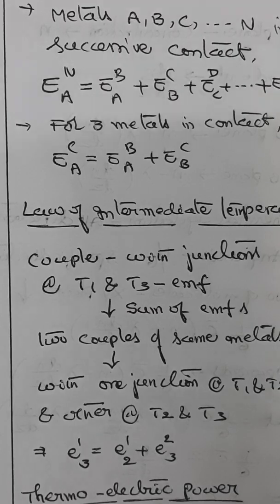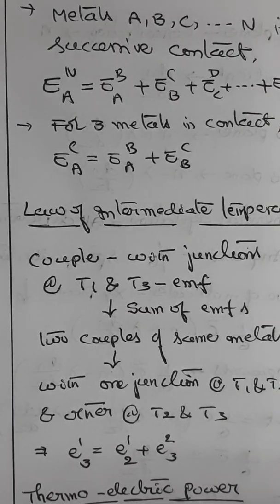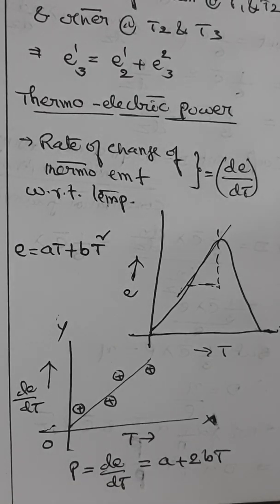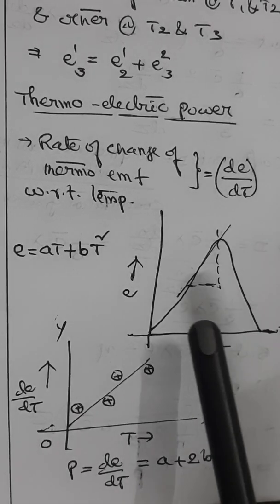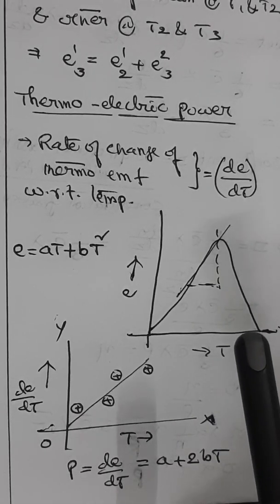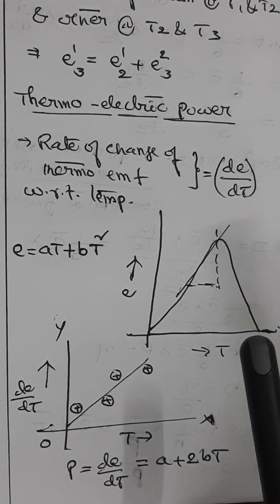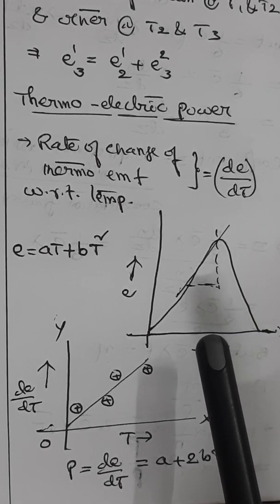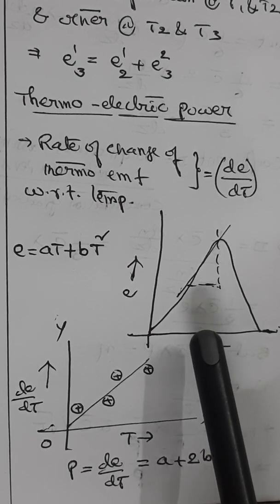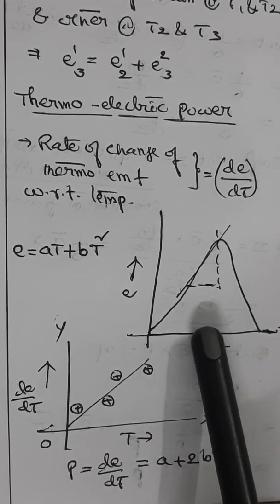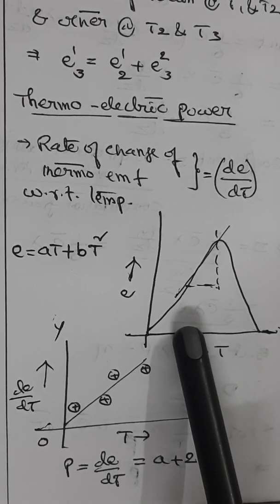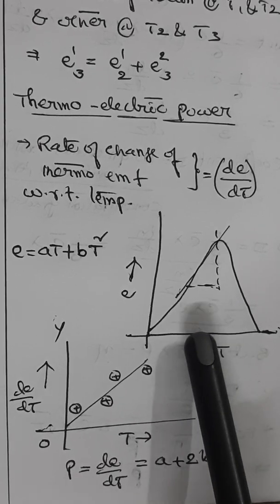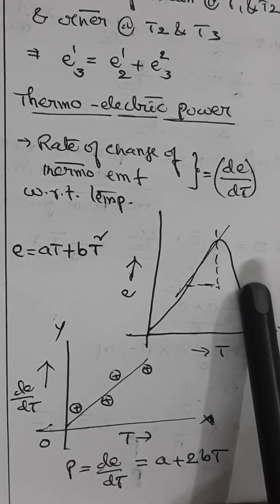The cold junction of the thermocouple is placed at 0 degrees centigrade, and for different temperatures of the hot junction, the thermo EMF is determined with the help of a potentiometer. A graph can be plotted between thermo EMF and the temperature of the hot junction. The graph is a parabola.